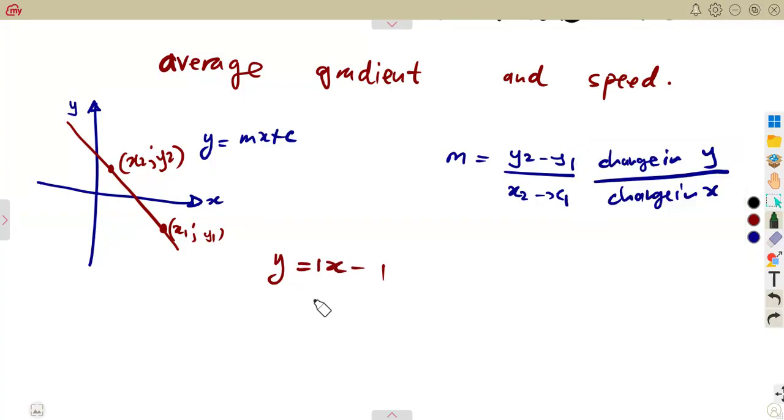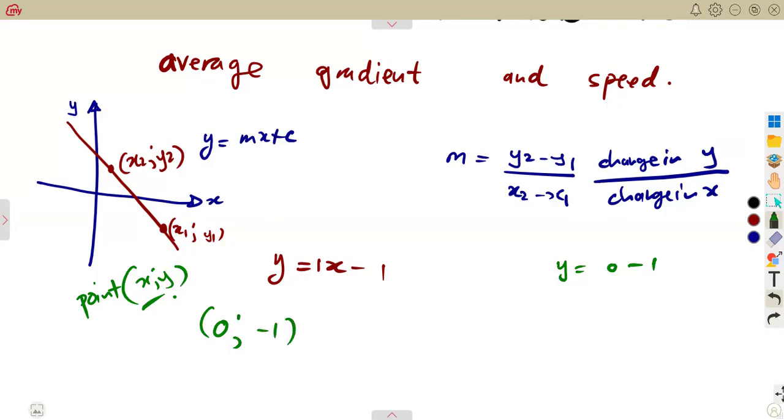So you're just going to consider, okay, let's just say x is equal to 0, because a point is made from x and y. Remember, a point is taken from x and y. So just consider x is equal to 0 in this equation. What will be the value of y? So y is going to be 0 minus 1. In place of x, that's a 0 there. So 0 minus 1, that is going to be a negative 1.